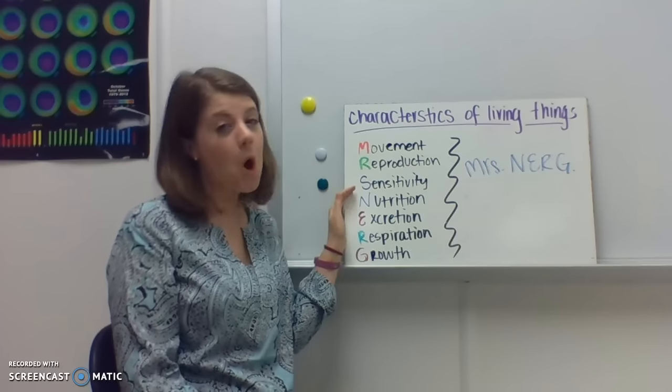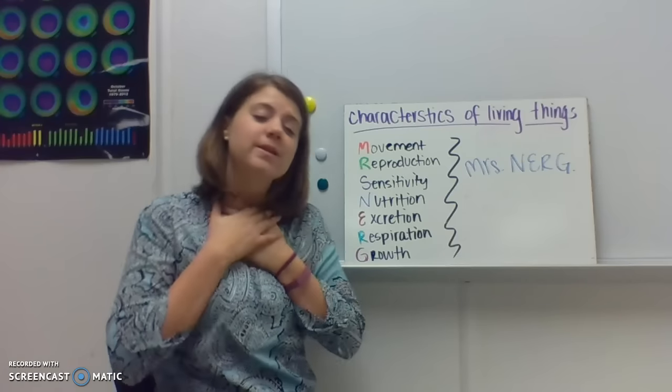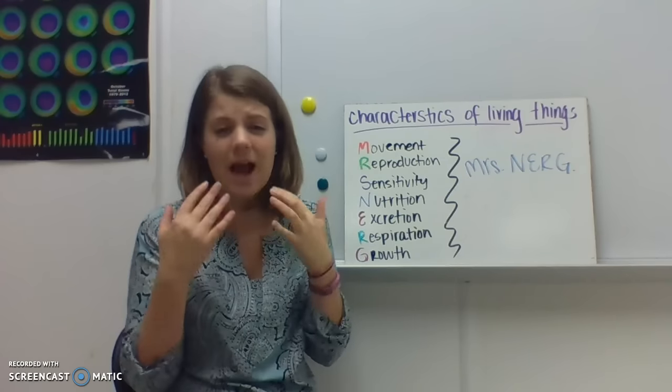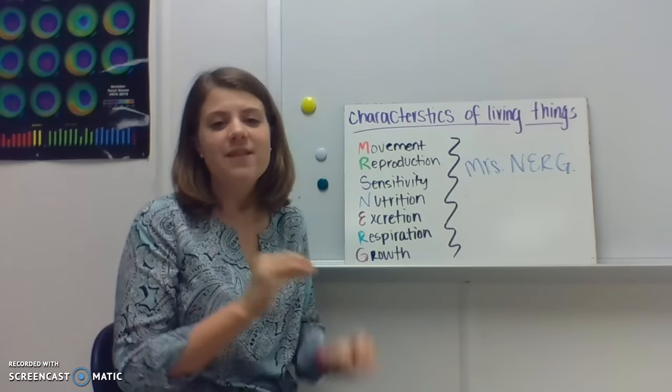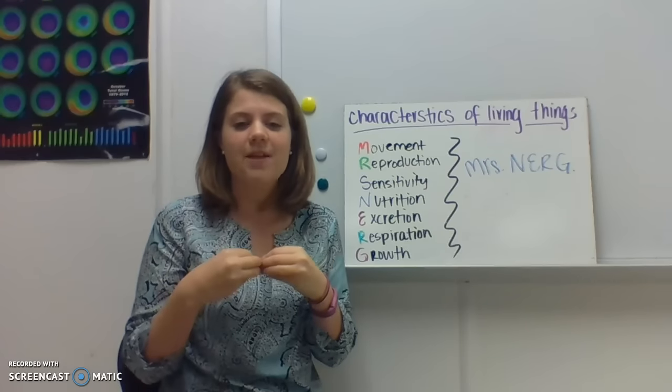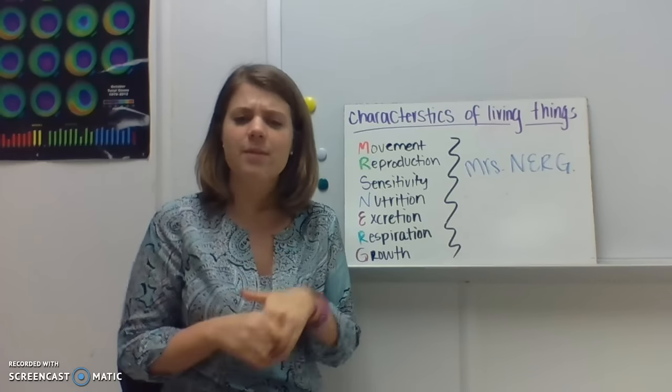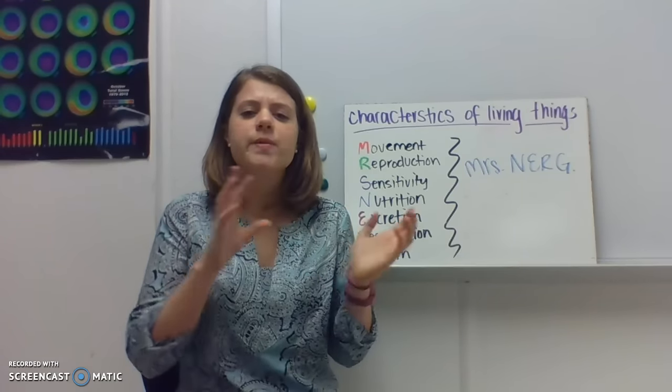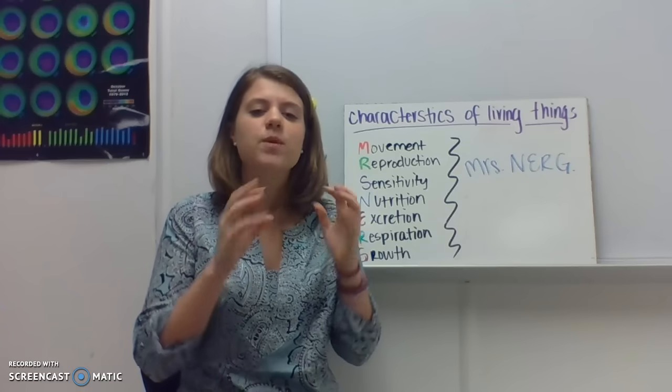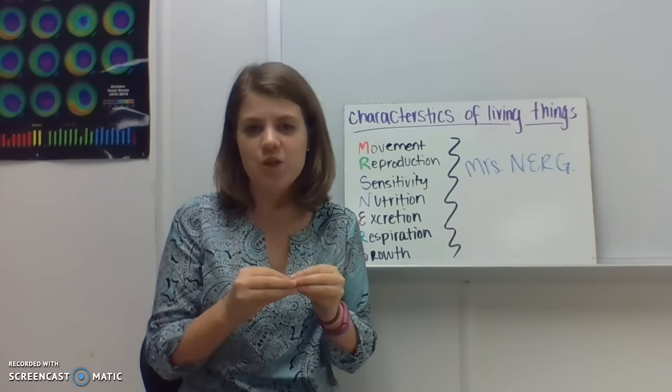Sensitivity. No, not if you got like little sensitive emotions and you cry. No. Sensitivity is its response to stimuli, which is kind of like sensitive emotions, right? So sensitivity to stimuli means that it's going to respond if something happens to it. For example, it might respond if it gets poked.